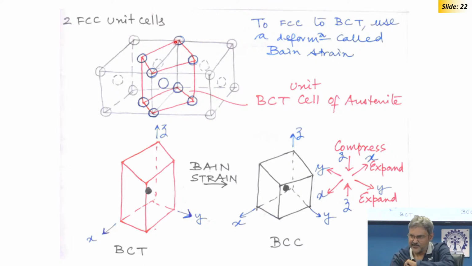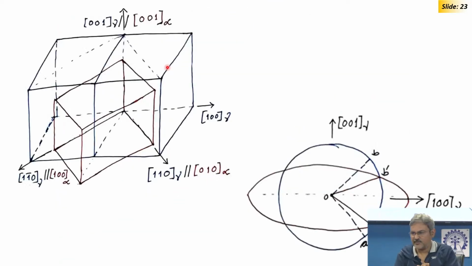The next picture will show how BCC looks. To convert it to BCC, you do this shear transformation, then you compress along the z direction and expand along the x and y direction, which is shown in this slide.